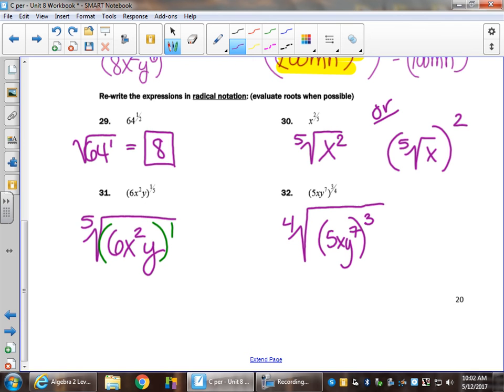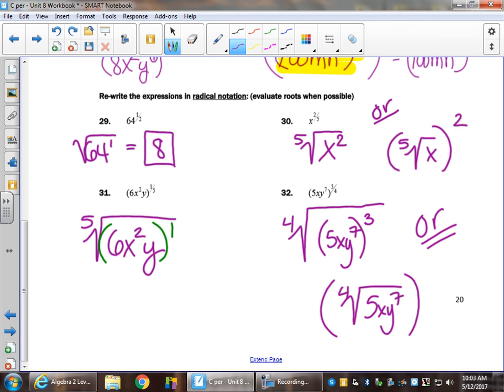Notice, what did I put around the base? Parentheses, because all of that is part of the base. Here, I wrote the power where? This is outside. This is under the radical. So how else could I have written this? Put the whole radical underneath, inside parentheses. 5xy to the 7th.